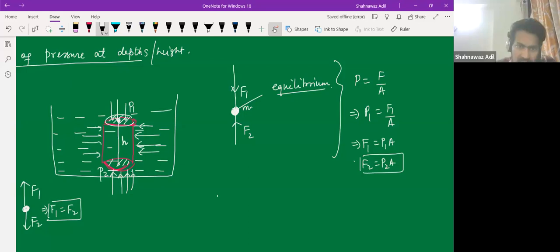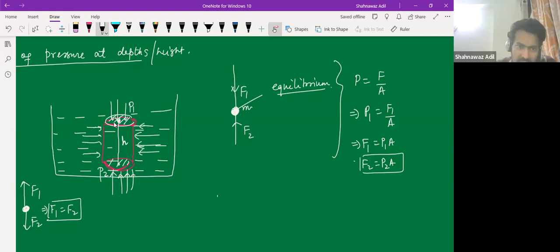The downward pressure and the upward pressure. But these pressures are different because they are at different heights. We know from Pascal's law that pressure at the same height is equal. So the left and right cancel each other out.